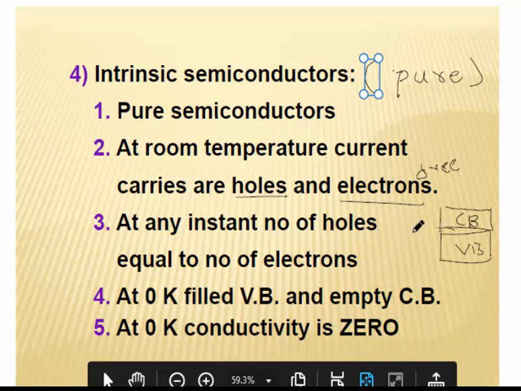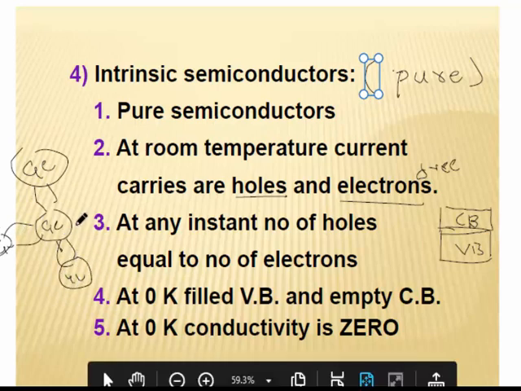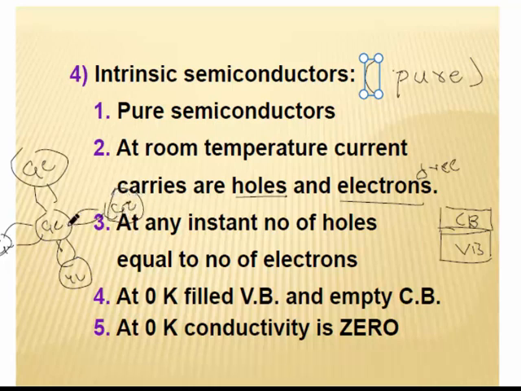If you increase the temperature, the conductivity of the intrinsic semiconductor increases. Take germanium in a pure semiconductor: each germanium atom makes covalent bonds with its 4 neighboring germanium atoms.